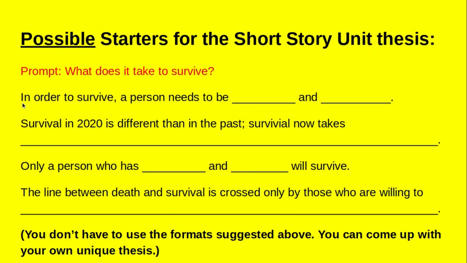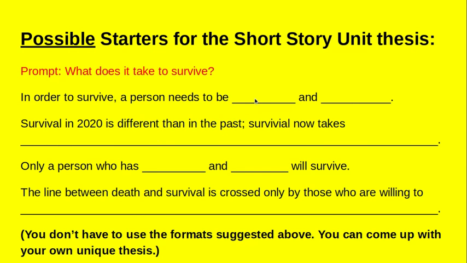So here's the first option. In order to survive, a person needs to be blank and blank. You have to come up with what you think those two characteristics are that allow people to survive in all kinds of situations. Here's another one. Survival in 2020 is different than in the past. Survival now takes, and you would make a statement.